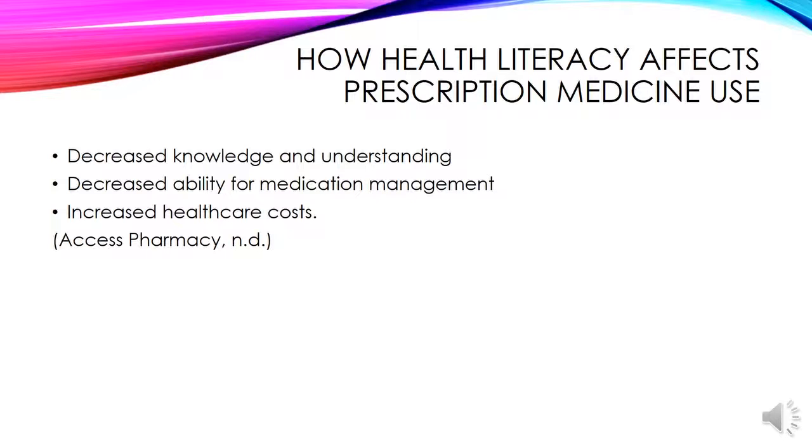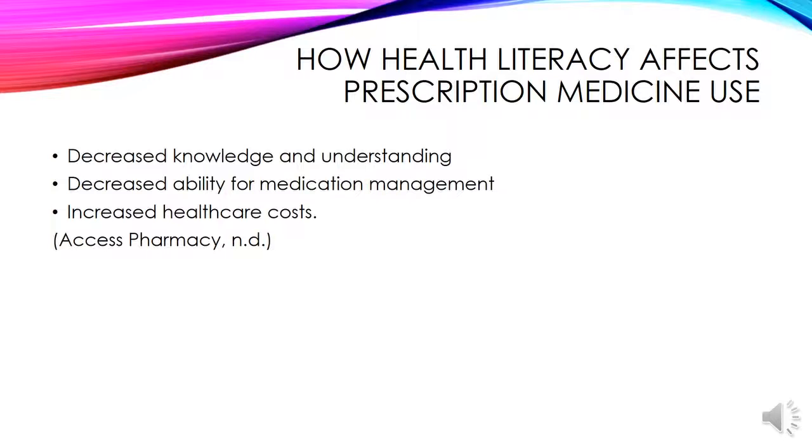Also, there is decreased ability for medication management. For example, someone who has diabetes and is health illiterate won't be able to manage the medication, because they use a lot of medicines and they cannot finish it, because they don't know where to start and when to end it.